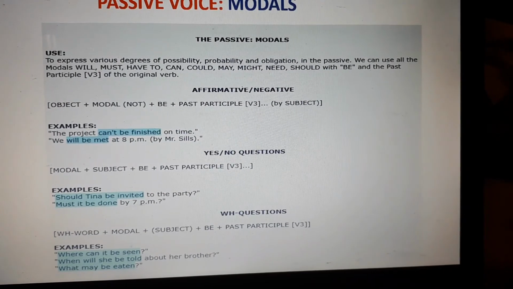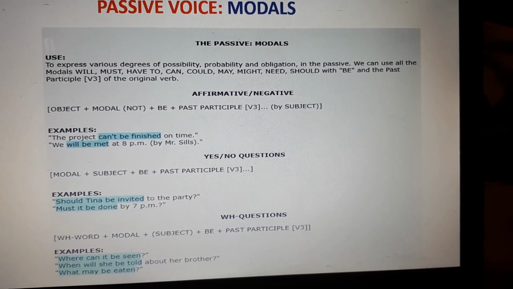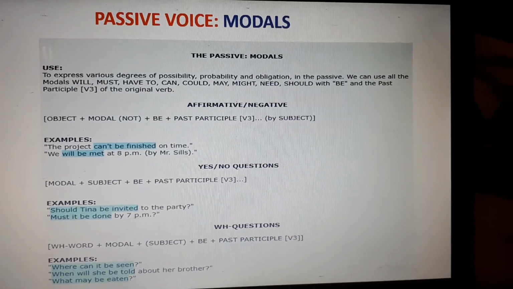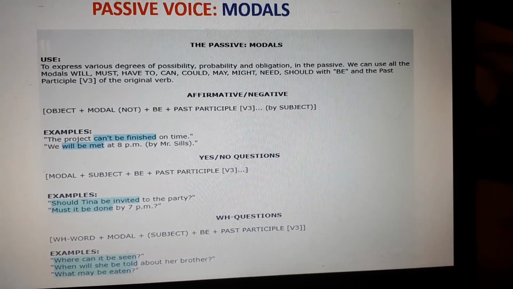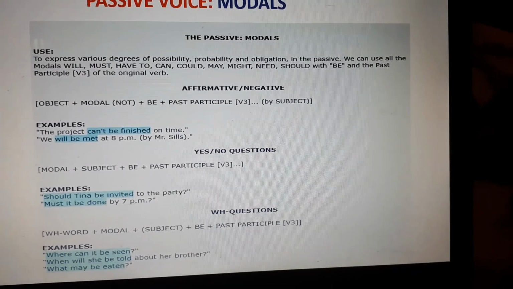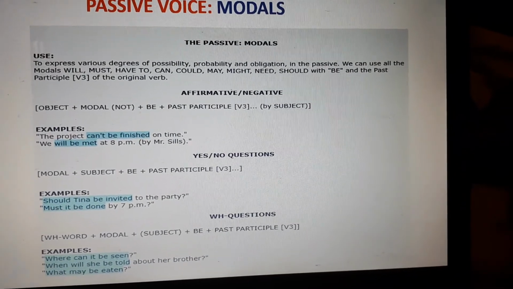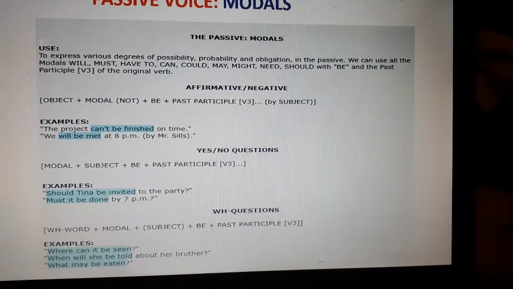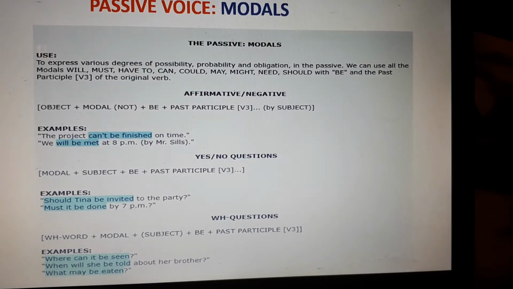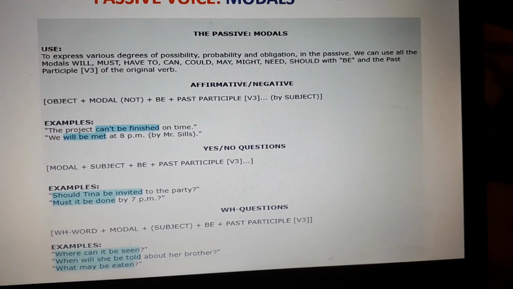To express various degrees of possibility, probability, and obligation in the passive voice, we can use all the modals that we know. For example, will, must, have to, or has to if it is singular, or had to if it is past.